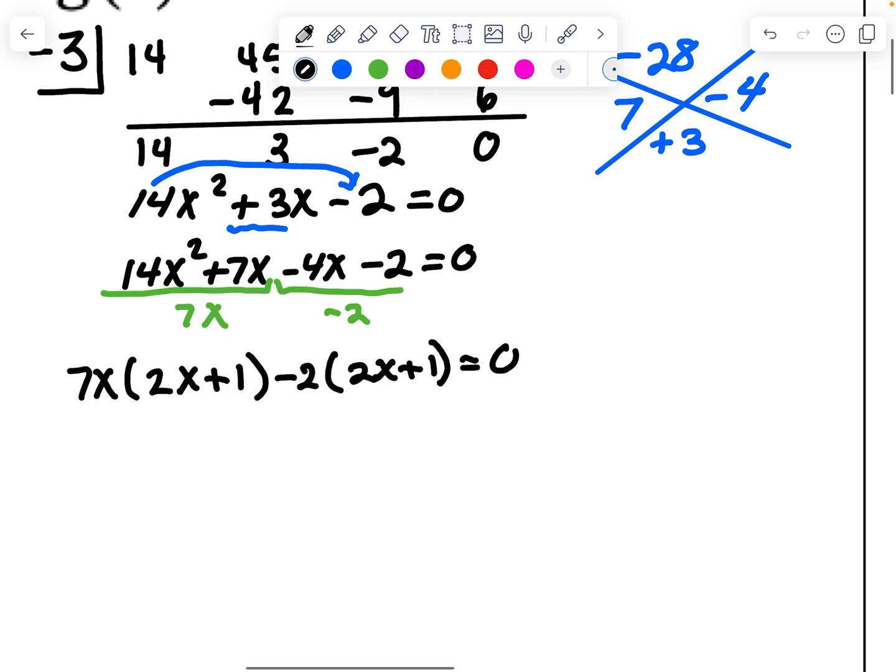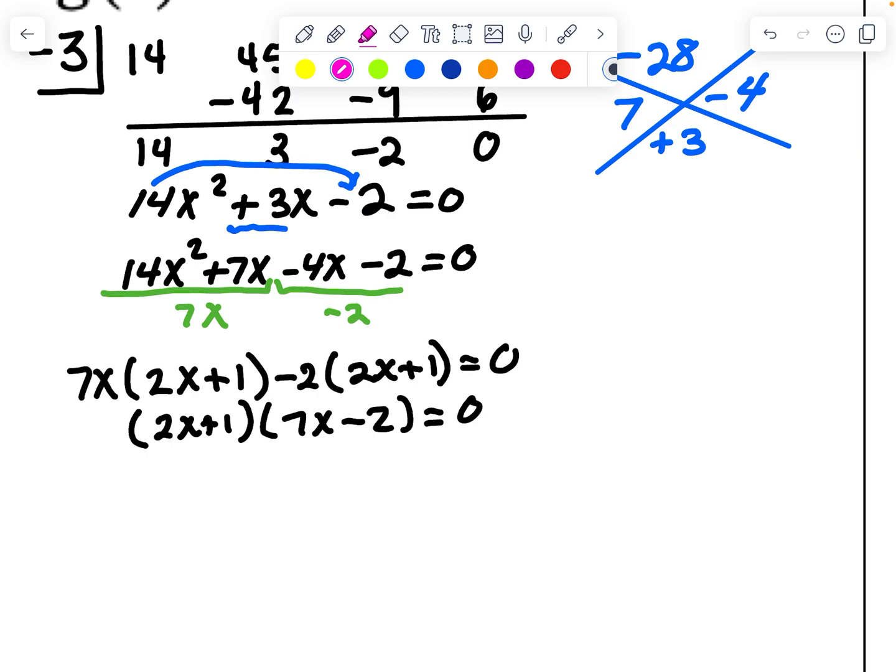Continuing to factor, we have 2x plus 1 and 7x minus 2 equal to 0. We are going to set each factor equal to 0 and solve. So this will be x equals negative 1/2, and this will be x equals 2/7.